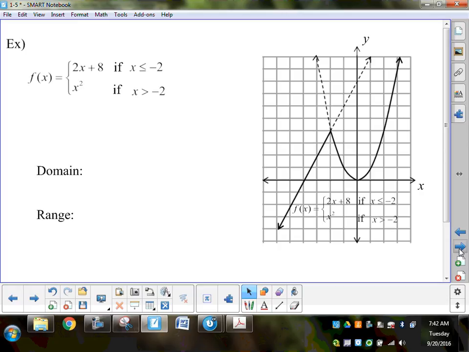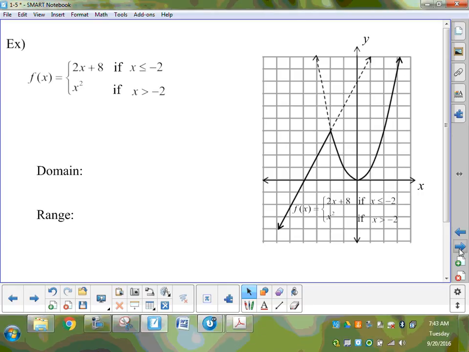If we're doing this out, when I see this piecewise function, if this is my example, to the left of -2, I'm graphing a line. To the right of -2, I'm graphing a parabola. Now, when I give this out, if it was me doing this graph and it wasn't given, I'm going to ask you this: where does the transition occur?